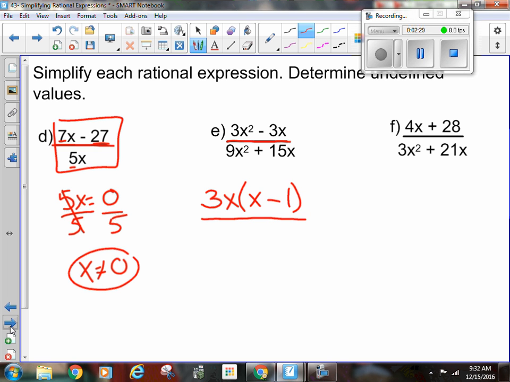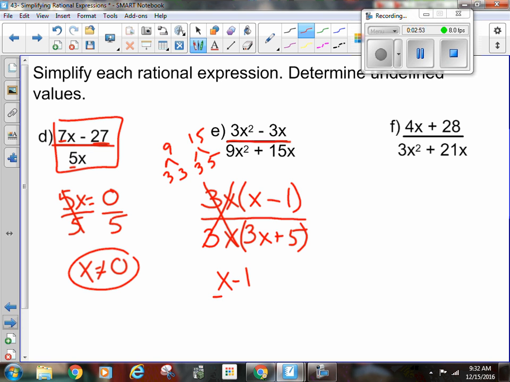Now we're going to do the same thing for the denominator. 9 and 15. Well, 9 I know breaks into 3 and 3, and 15 breaks into 3 and 5. So I can divide a 3 out of both of those. I can also take an x out of both of those. So I'm left with 3x plus 5. So the 3x's are going to cancel, and I just have 3x plus 5 on the denominator.